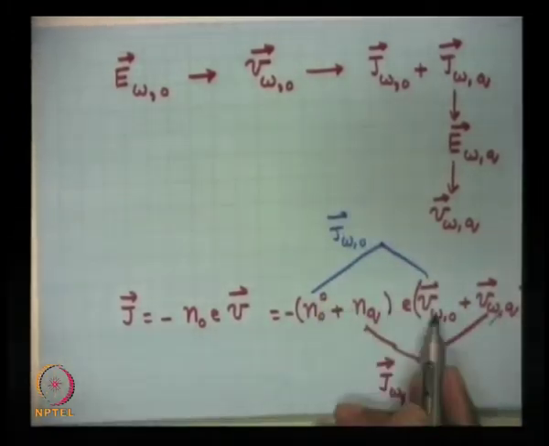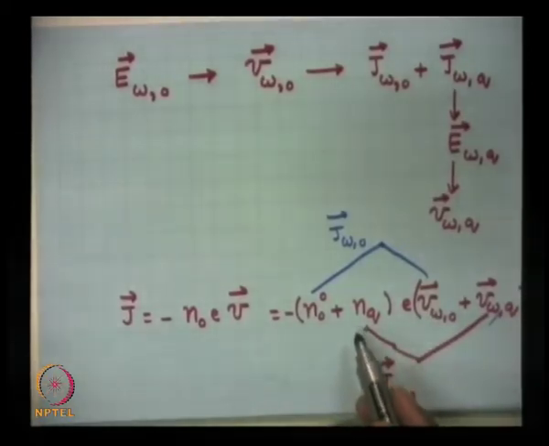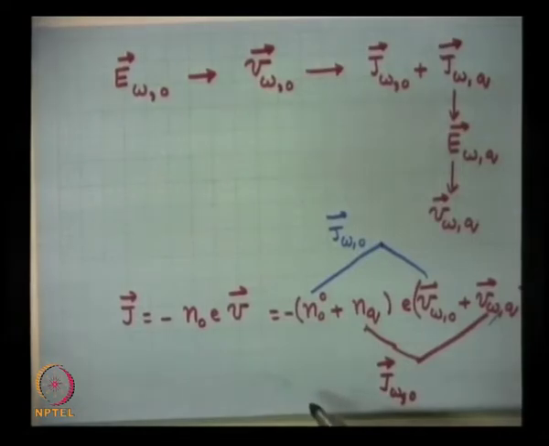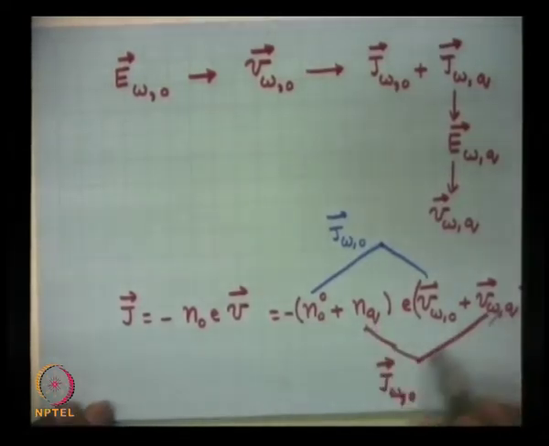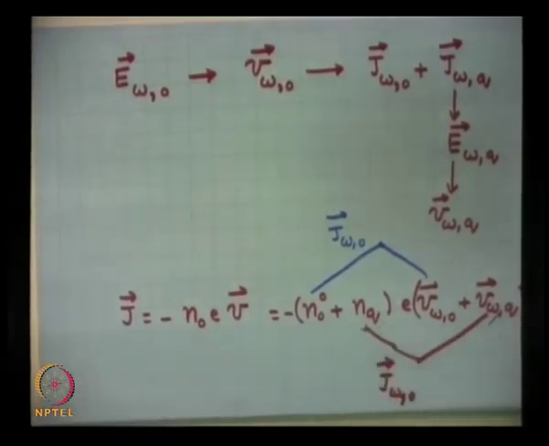This term will be there even if there were no density fluctuation, density oscillation in the system. But this is the new term that will appear only when Nq is finite. So, whenever there is a density ripple in the system, your current will have an additional term.